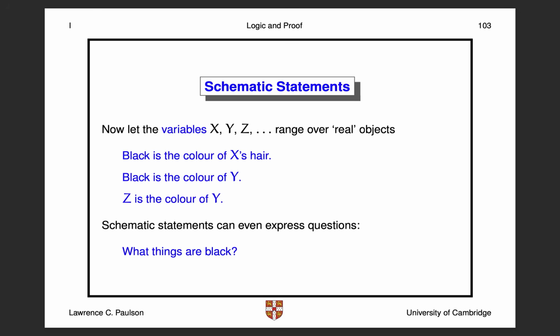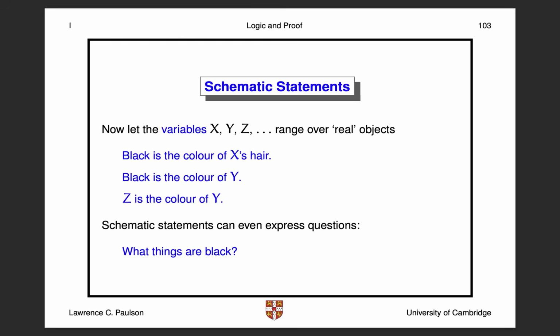In certain contexts, like with the Prolog programming language, which has some strong connections to our subject matter in this course, you can use statements that contain variables in order to express questions. So something of the form "black is the color of Y" can be interpreted as the question: what things are black?